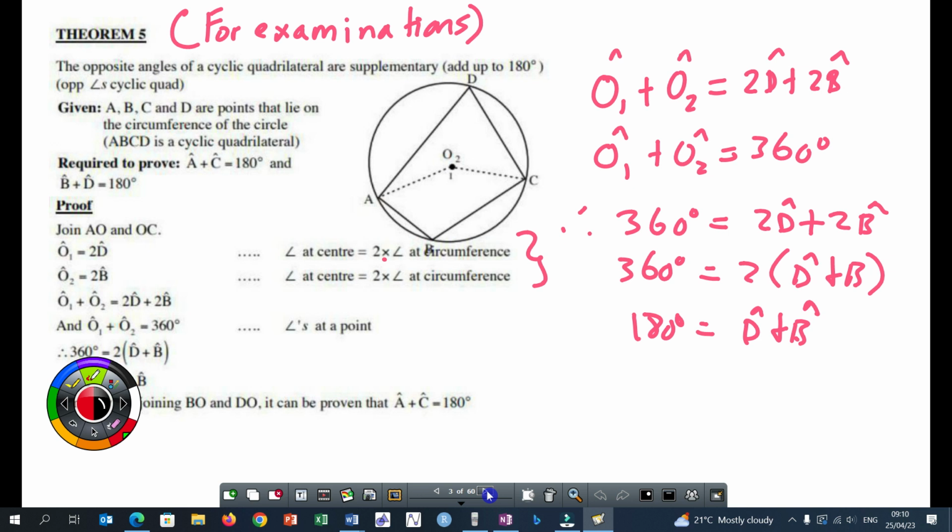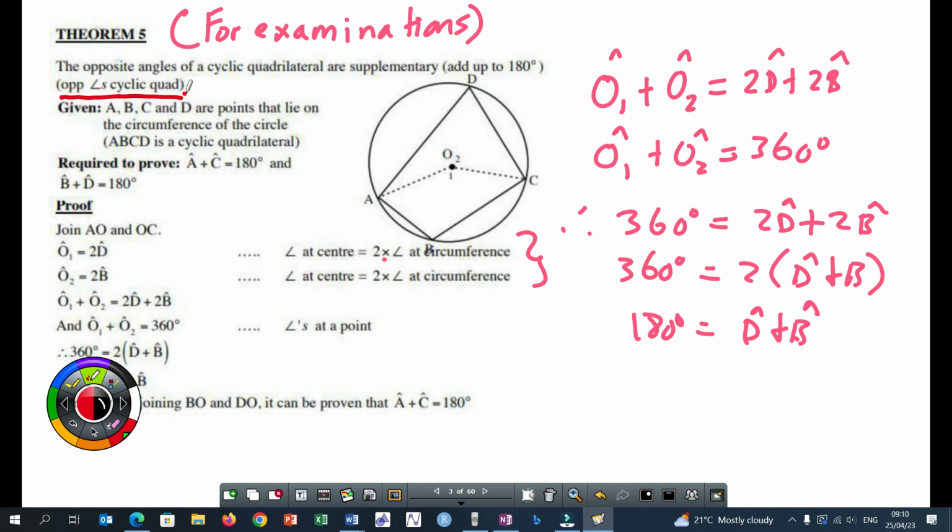According to theorem 5, the opposite angles of a cyclic quad are supplementary, which means they add up to 180 degrees. The acceptable reason based on the examination guidelines, I gave you a copy, is that one.